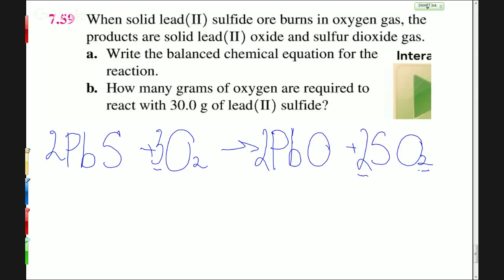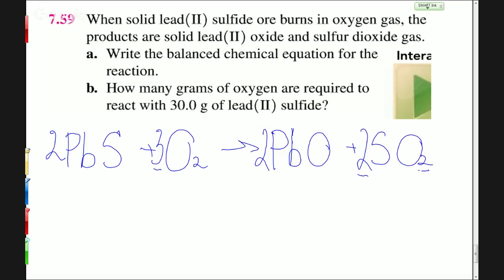The other potential problem that comes up in writing these equations is writing the formulas for the compounds properly. Sometimes this makes the equation not be able to be balanced if you mess it up. Sometimes it can still balance, but then it's wrong. You have the wrong number. So how did you know that it was PbS and not Pb2S or PbS2 or something like that?